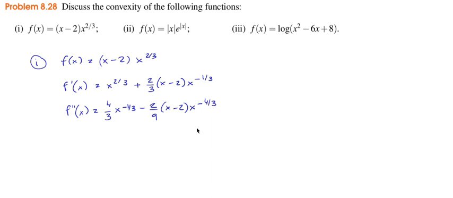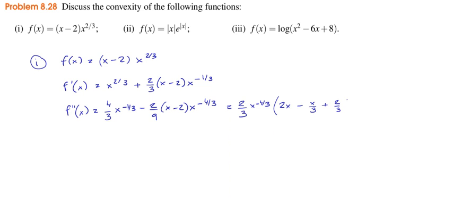Now, when is this going to be greater than 0 or not? Let me see if we can get a common factor, first 2/3, and then x to the minus 4/3. So this multiplies 2x, minus x divided by 3, plus 4/9 or 2/3.